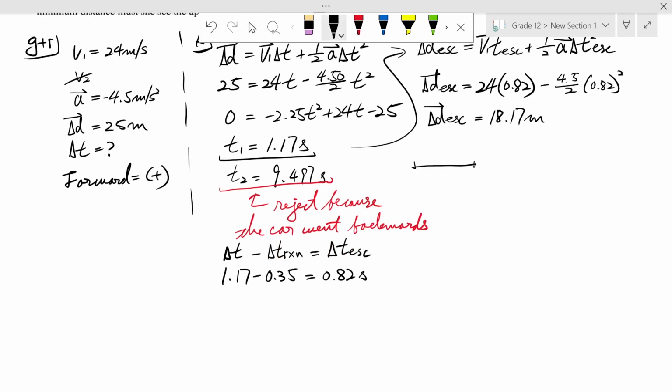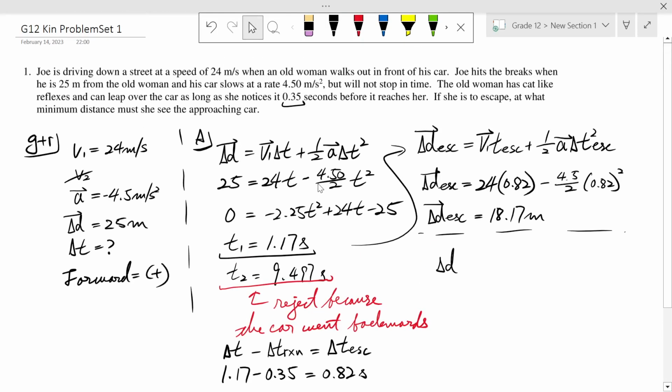This is basically where the car will be. If that's 25 meters, that's 18.17. You want this distance because that's the old lady, and that's where the car started from. So our last step: delta D, what should I give her? Just call it min. I have no names for it.